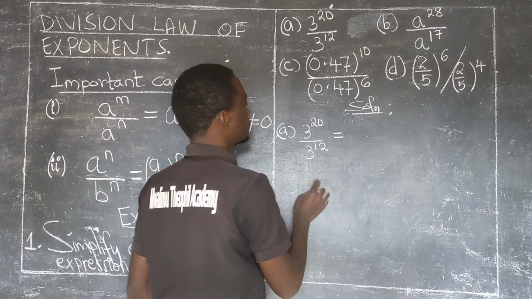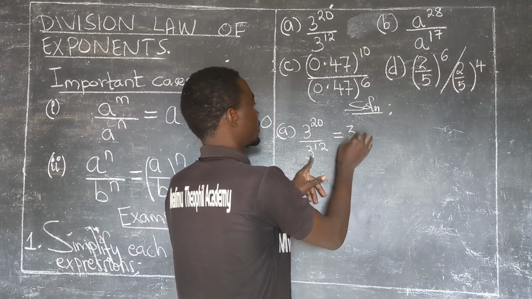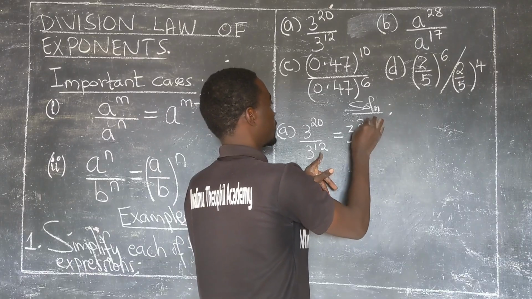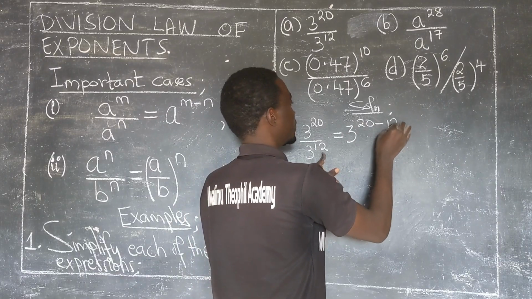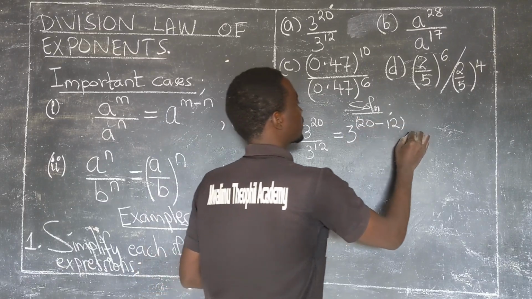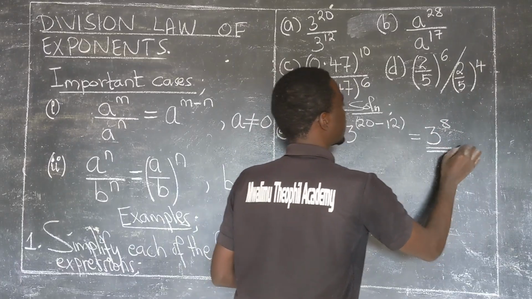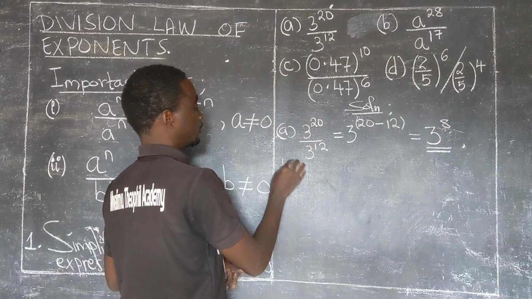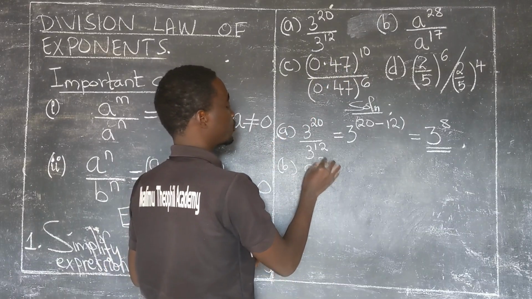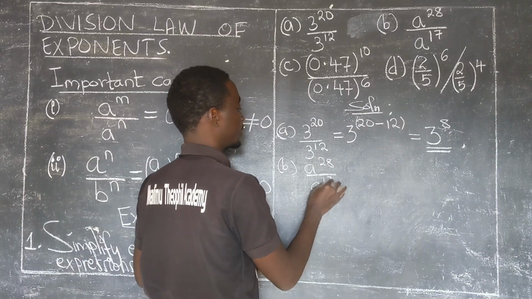This will be equal to, as here we have the same base, we take a single base, and as it is division, we subtract the exponents. We take the exponent in the numerator and subtract the exponent in the denominator, which is 20 minus 12. So the answer here will be 3 raised to 8. That is A. In B, we have a raised to 28 divided by a raised to 17.